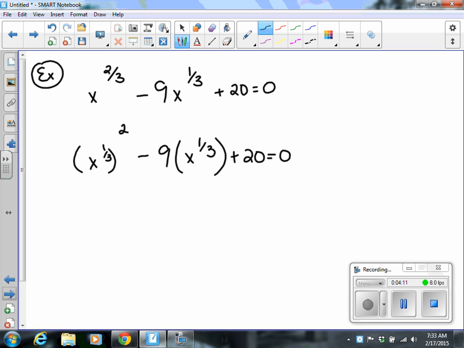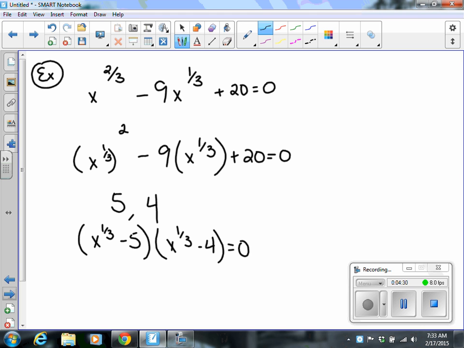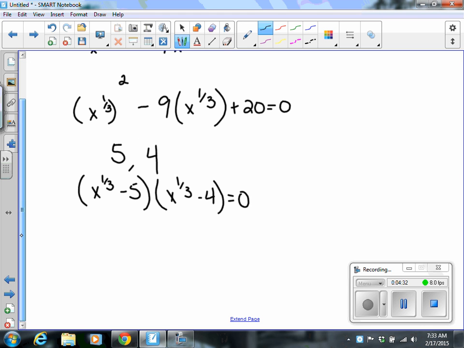I go ahead and plug that in, and I see that I have a positive 5 and a positive 4. So I'm now going to rewrite this. So I have x to the 1/3 minus 5 times x to the 1/3 minus 4 equals 0. I'm now going to split this.